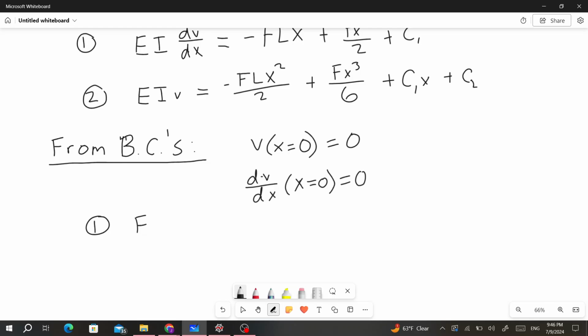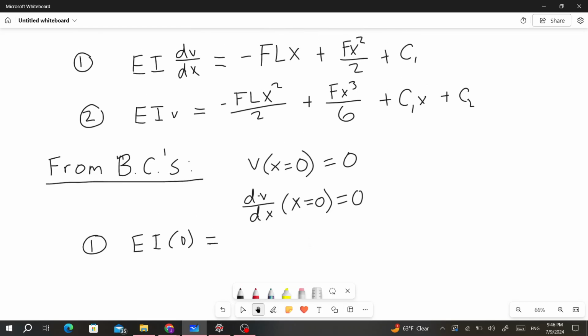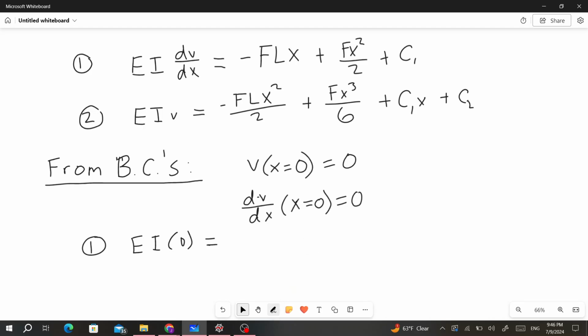We have EI times 0 is equal to, and then in these terms in our equation, wherever there's an x, it is equal to 0, so our first term is 0, plus F times 0 squared over 2 is 0, plus c1. So we end up with c1 equals 0. Our first constant of integration is just 0.